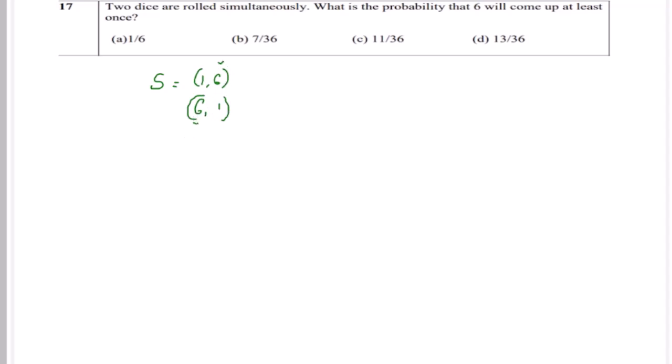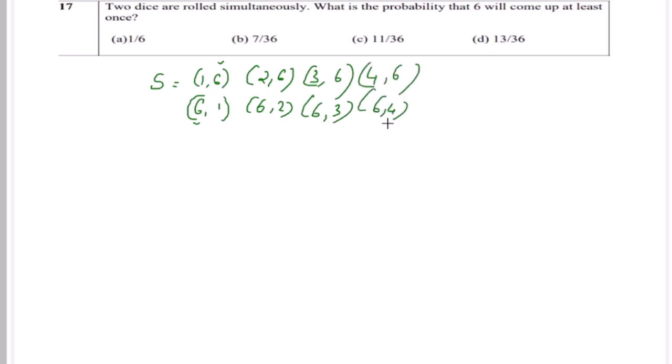In this phase here we are getting 6, right? 1, 6, 6, 1. Then 2, 6, 6, 2. 3, 6, 6, 3. 4, 6, 6, 4. 5, 6, 6, 5.